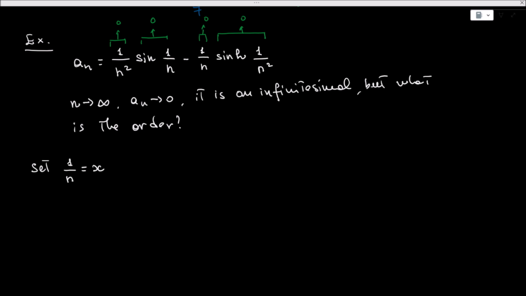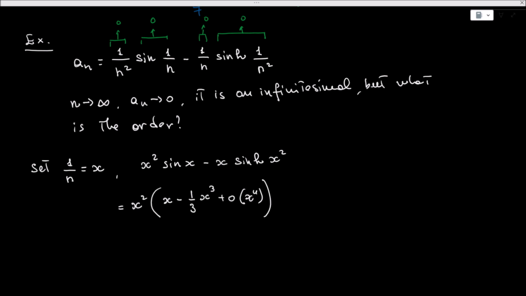So if we do this, what we get is x squared sine of x minus x hyperbolic sine of x squared. And now we can use the Taylor expansions, because we can expand sine of x when x goes to 0, right? So this will become x minus 1/3 x to the cube, and I would say that we can stop here, plus little o of x to the 4th, right?